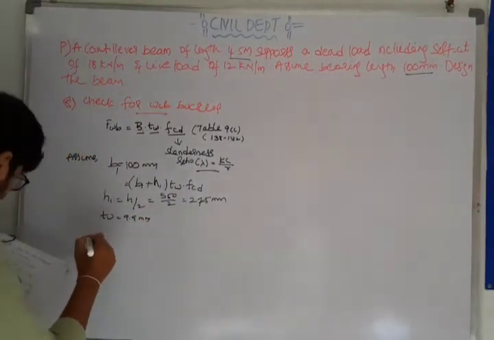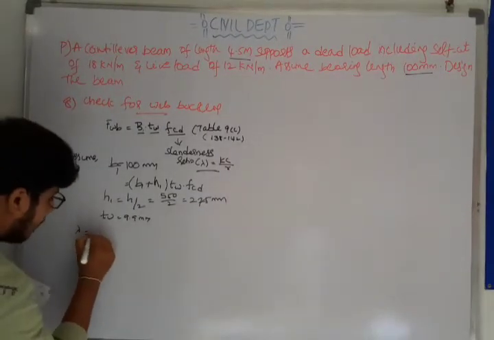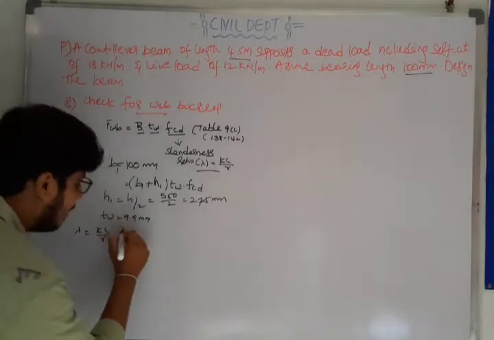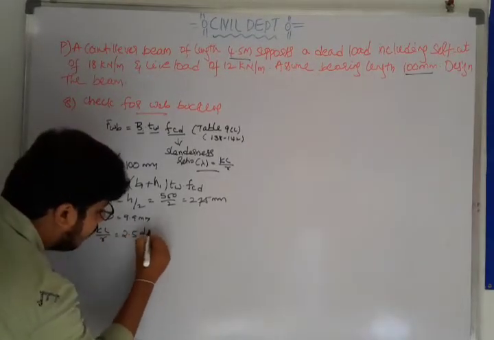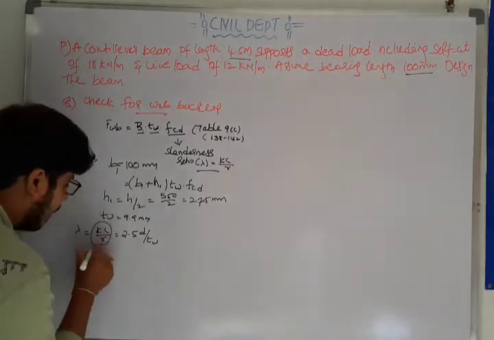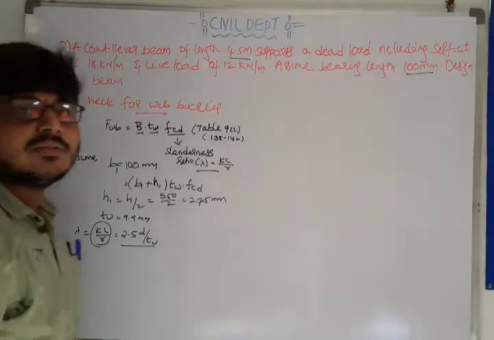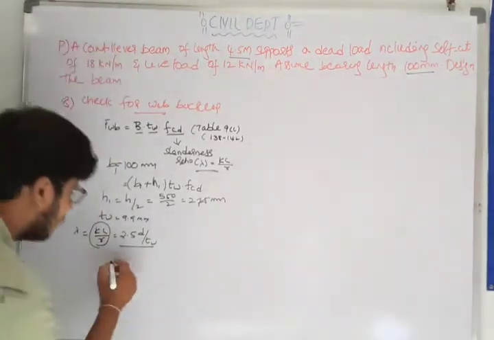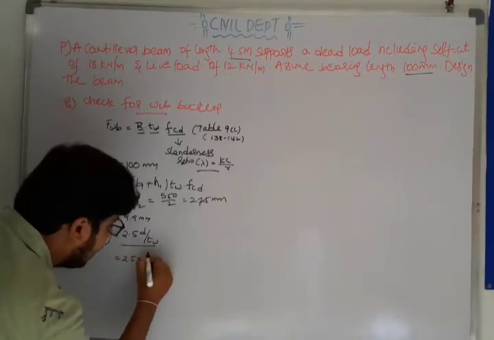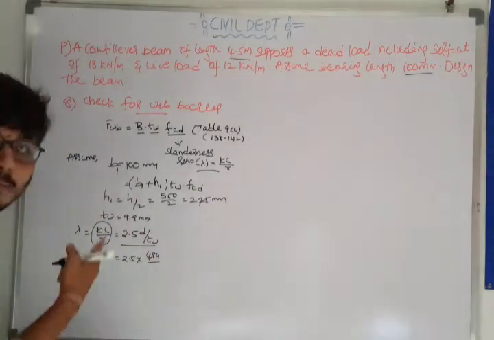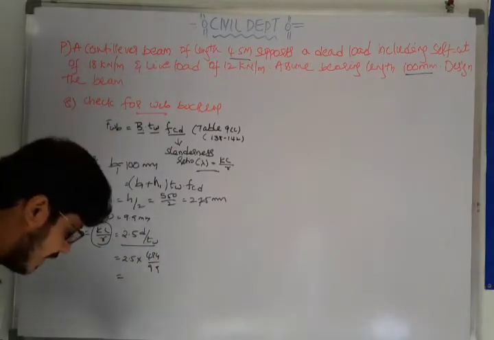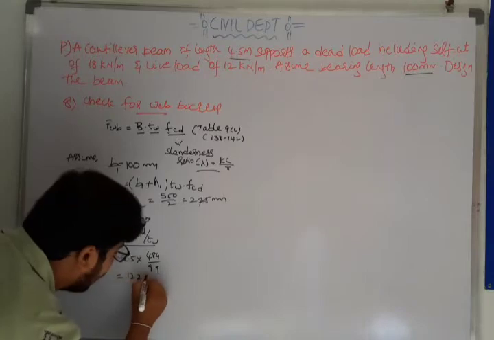So we should find out the slenderness ratio lambda is equal to KL by r. Directly we can write the formula 2.5 into D by TW. By solving the KL by r in steps, we get 2.5 into D by TW, which is 2.5 into 484, which I have written in the properties, and TW 9.9, which gives the value 122.2.